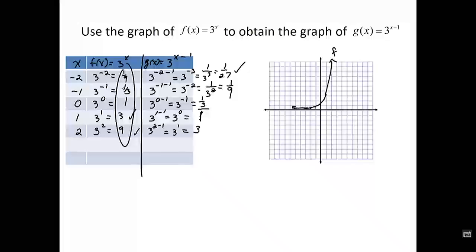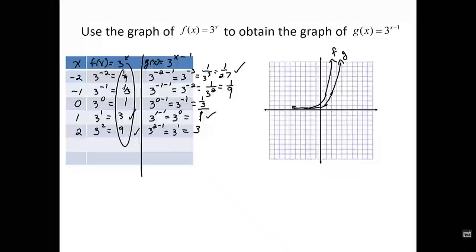So it's about here. And when x is 1, y is 1. So 1, 1. And 2, 3. Over 2, up 3. All right, if we connect, this becomes g.